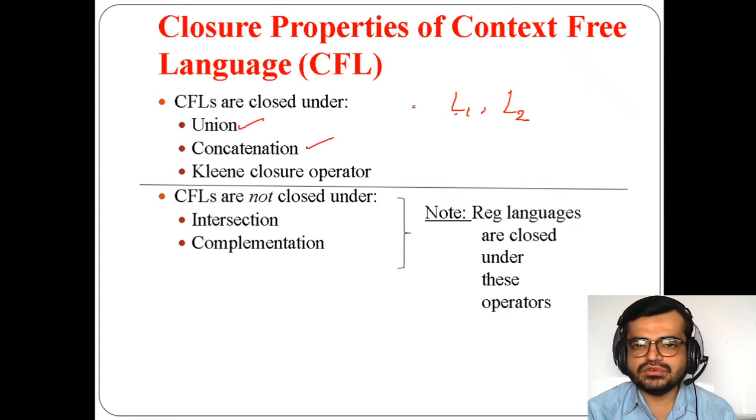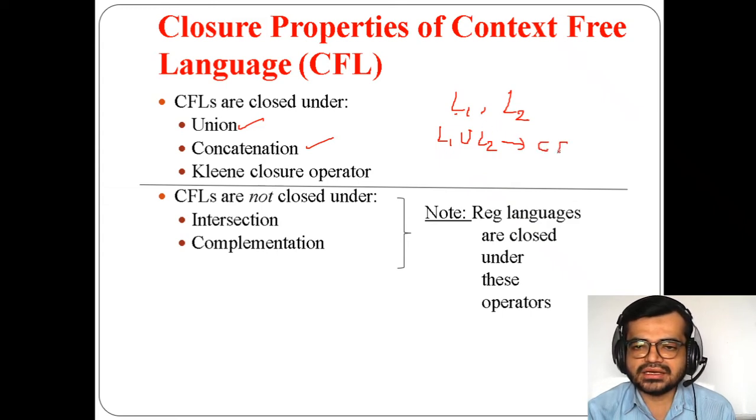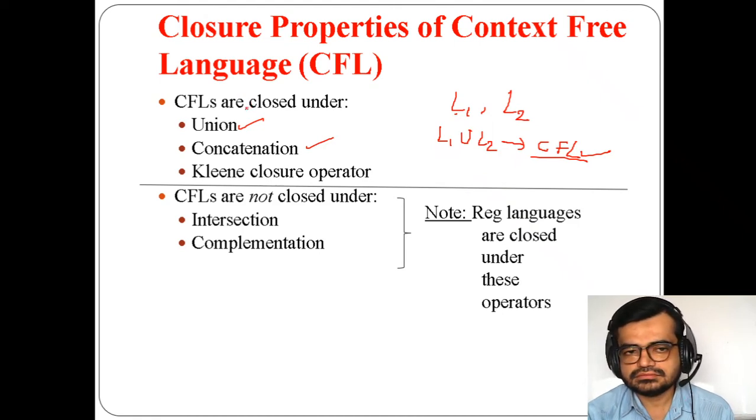If you perform L1 union L2, then the language derived from L1 union L2 should also be a context free language. If L1 union L2 is a context free language, it means it satisfies the property, so you can say that context free languages are closed under union.